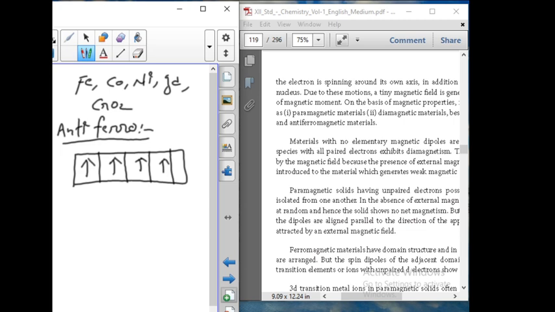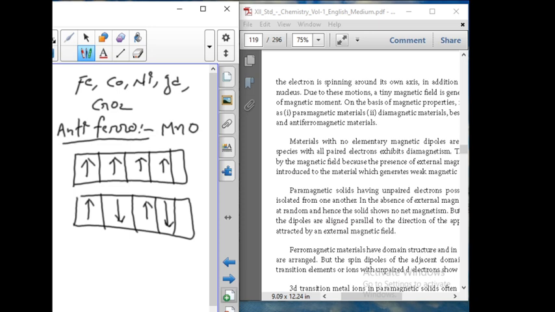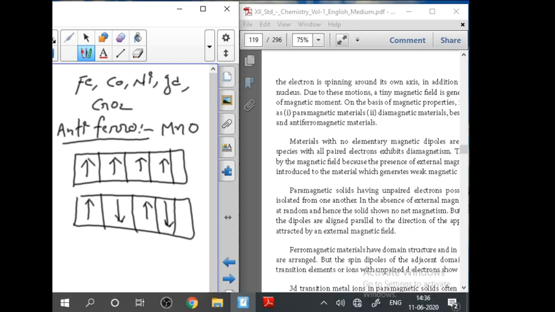In an antiferromagnetic substance, the domains are aligned in opposite directions in equal number: 2 upward and 2 downward. An example of an antiferromagnetic substance is manganese oxide, MnO.